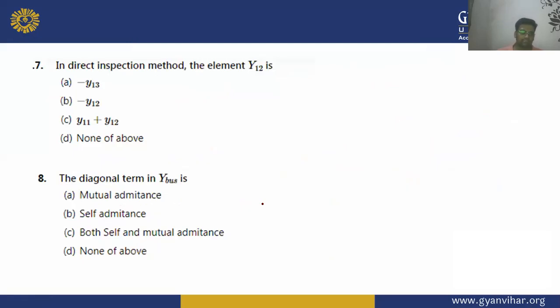Now, the seventh question says that in direct inspection method, the element Y12 is what? Now, Y12 we call it what? Mutual admittance, or we can say off diagonal element.